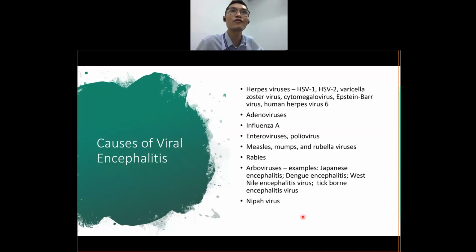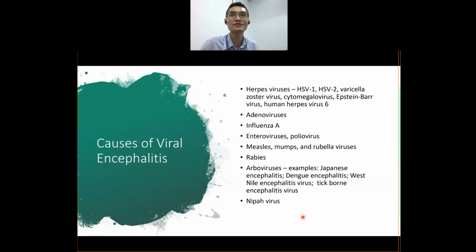The other viruses like cytomegalovirus and Epstein-Barr virus are more uncommon. Bear in mind that measles, mumps and rubella can also cause encephalitis, but they are not so common nowadays because we received MMR vaccines when we were small.